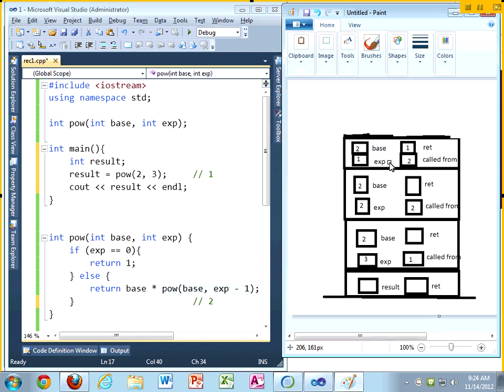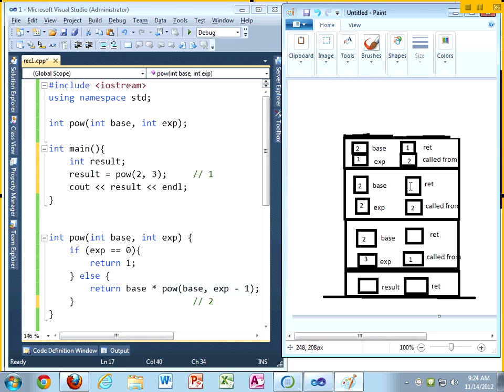Okay? So now I'm ready to go back and finish executing my PAL function. I look here to see where it was called from. It was called from right here. What I'm going to do next is return base, which is 2, times the return value of that function call, which is 1. So what I'm returning is 2.